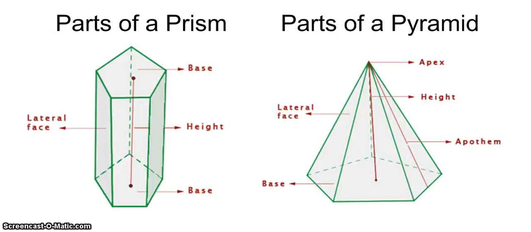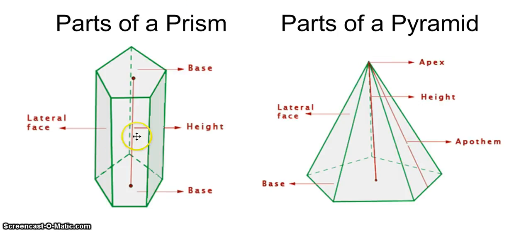There are a lot of vocabulary terms when it comes to solids, so let's recap some of them before we go. A prism is a polyhedron with 2 bases connected by a number of lateral faces. A pyramid is also a polyhedron with 1 base and 1 vertex called an apex. All the connecting faces are called lateral faces.